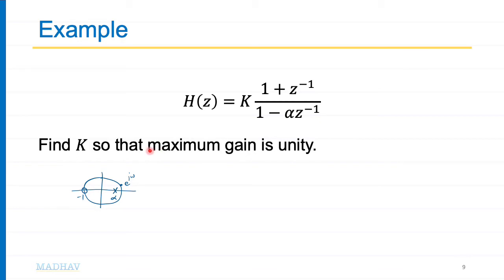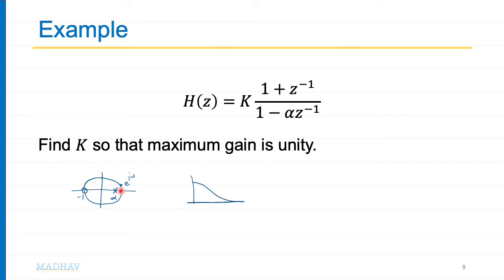Now, what can you say about whether it is low pass or high pass? Since there is a zero at pi, at omega equal to pi the magnitude will be 0. So we say it is a low pass filter, and the maximum value will be obtained at omega equal to 0. Let's make a rough plot.